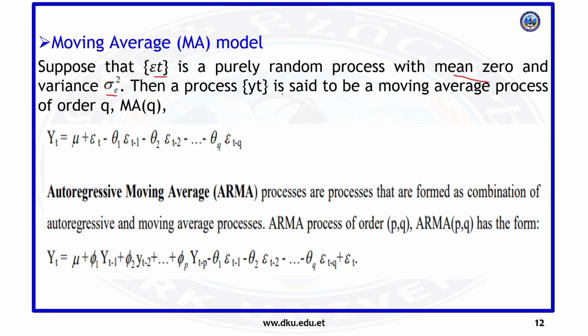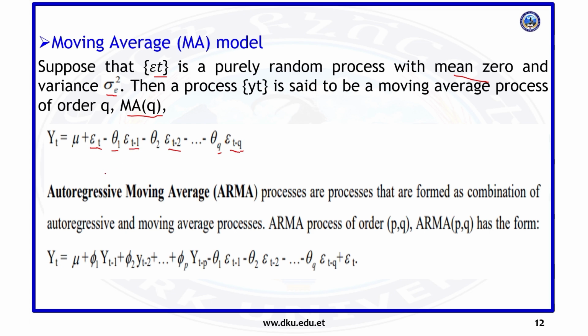Then a process Y_t is said to be a moving average process of order q, MA(q), if Y_t = mu + e_t - theta_1 e_{t-1} - theta_2 e_{t-2} - ... - theta_q e_{t-q}. These are the previous shocks.